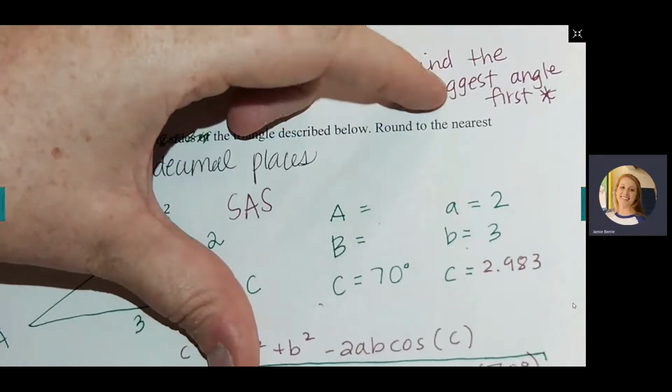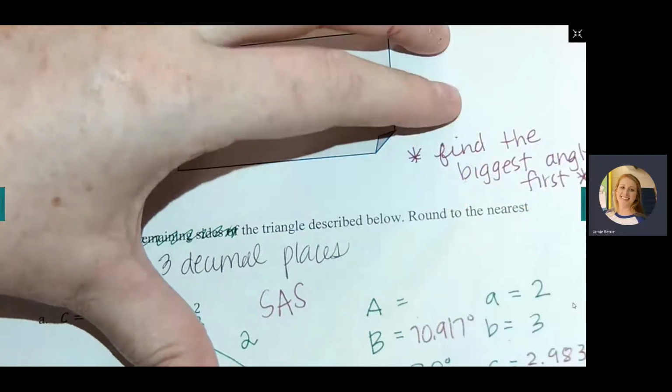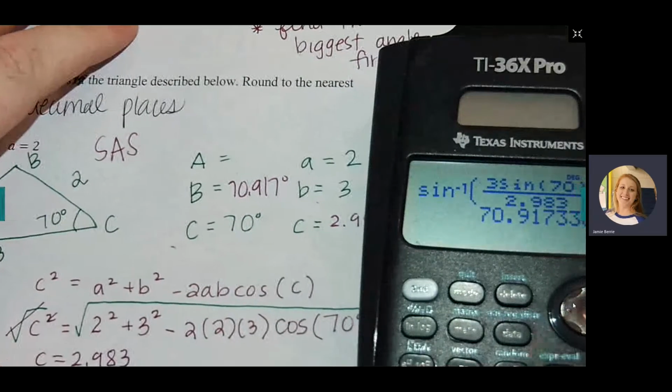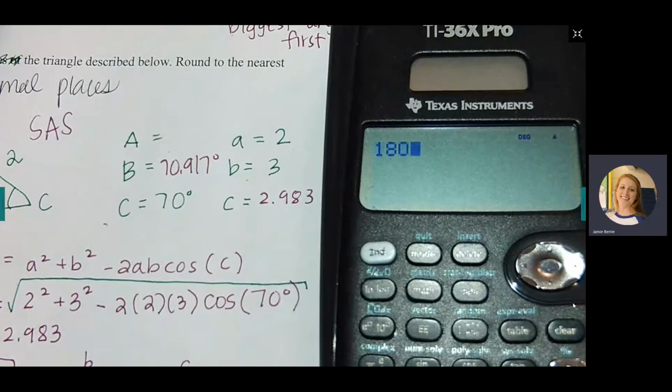Yep, okay. 70.917, that's B. Finding the last angle is always easy. You don't have to use law of cosines or law of sines. You can just use the fact that all the angles have to add to 180. So just do 180 minus 70 minus 70.917. That's going to tell you your last angle: 39.083.